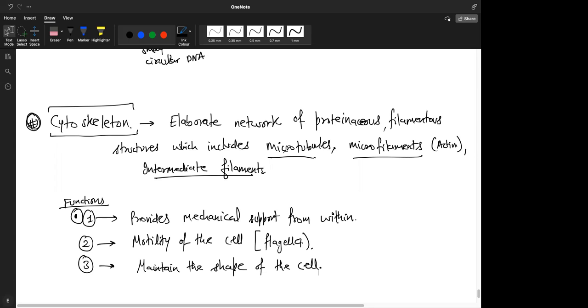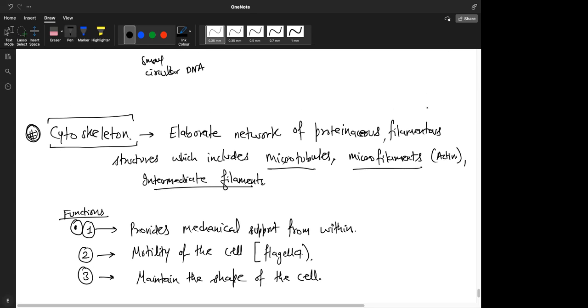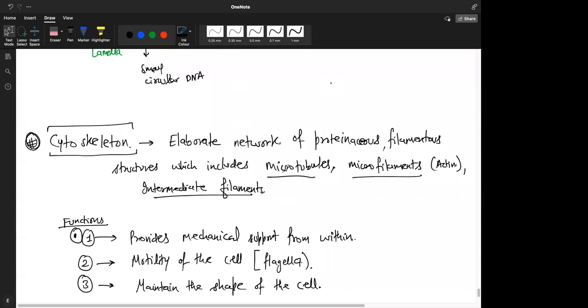Sir, I have a question regarding the cell wall. Yes, please. Above the cell wall, there is also a layer called glycocalyx. Is it the same as lipopolysaccharide?